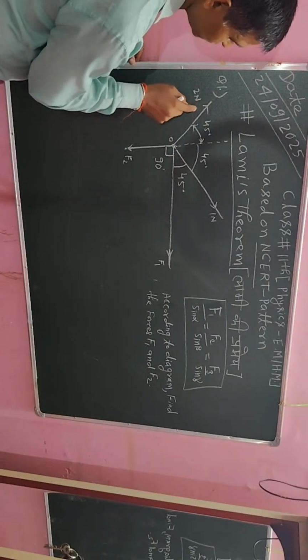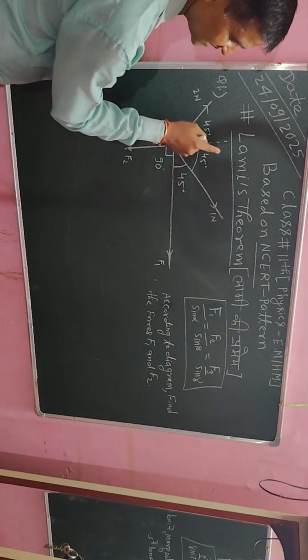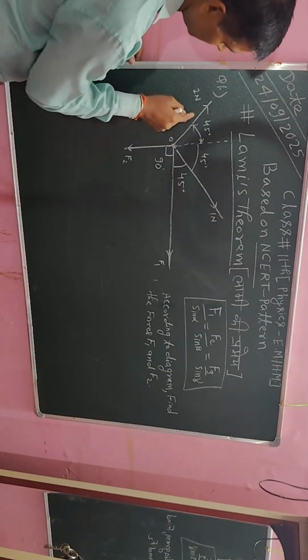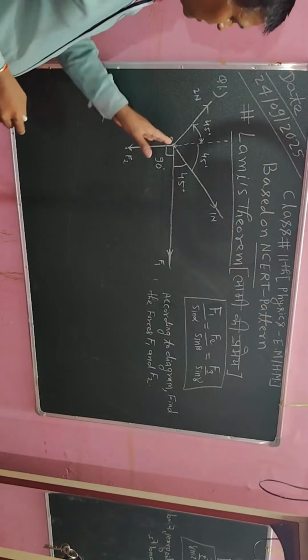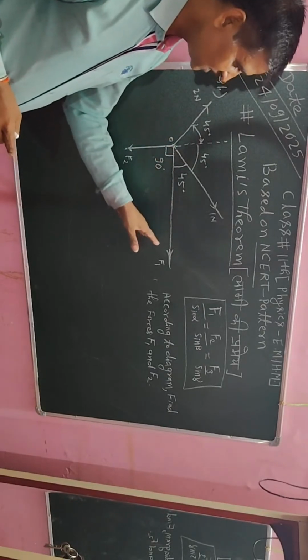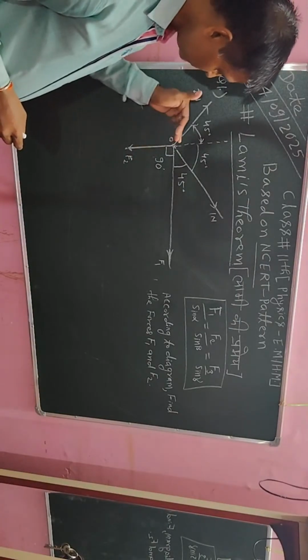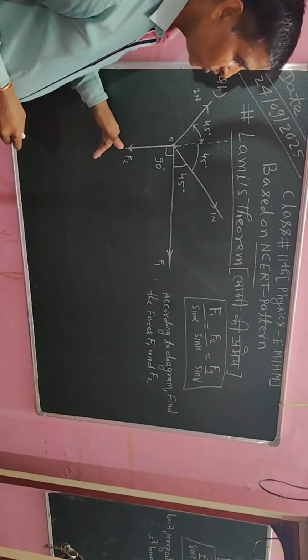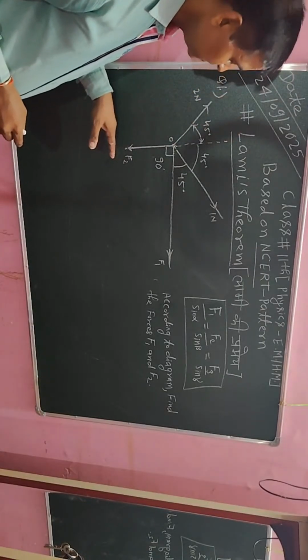This force I will also resolve into components, one along the x-axis and one along the y-axis. Then force along positive x-axis will be equal to force along negative x-axis, and similarly force along positive y-axis will be equal to force along negative y-axis.